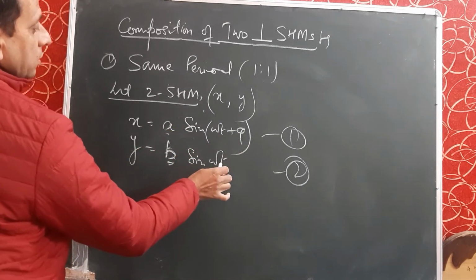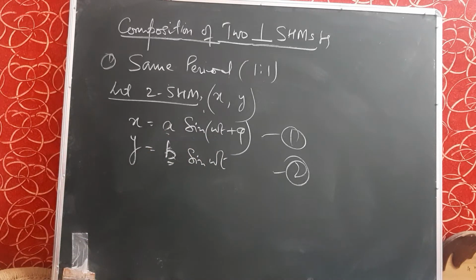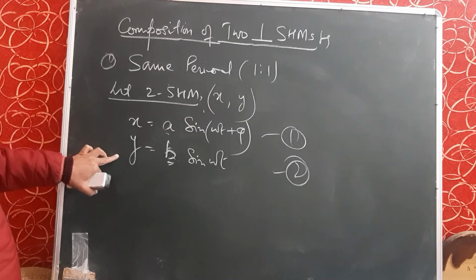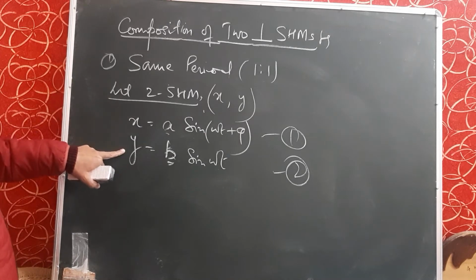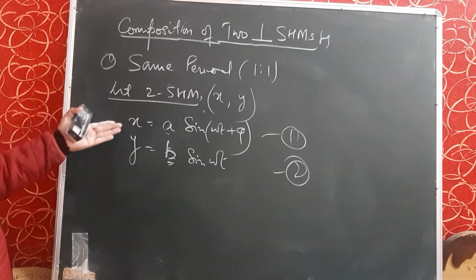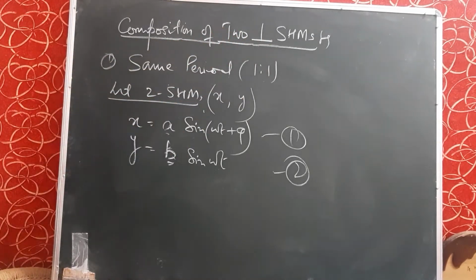So, the phase difference between these two harmonic oscillators is phi. Now, if you combine these two motions, x means along x axis, y means along y axis. So, both are perpendicular. In this way these are two perpendicular simple harmonic motions.